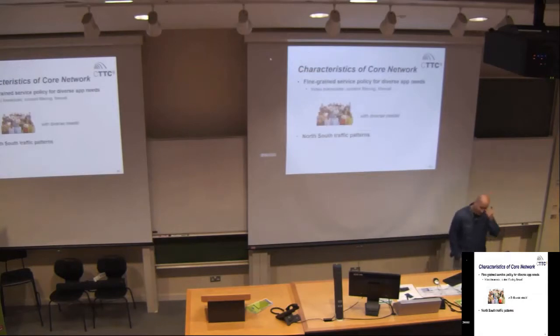Okay, so these are some characteristics of the core network. As I told before, every customer has their needs. Every customer will pay more or less depending on the kind of prioritization you want to enforce for this user. And there are a lot of policies.